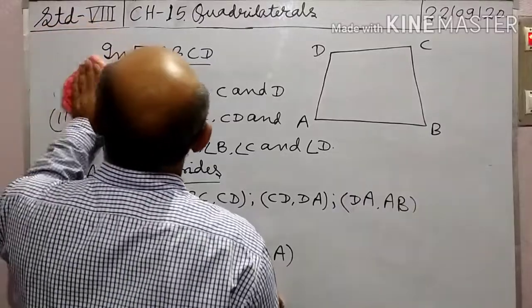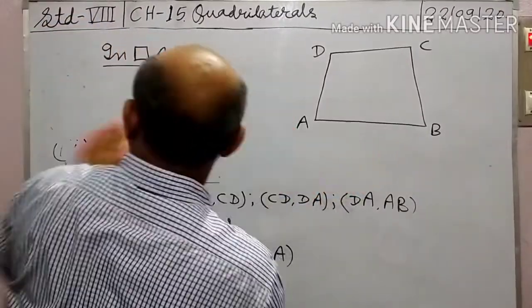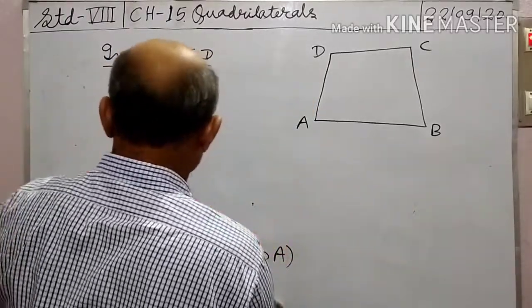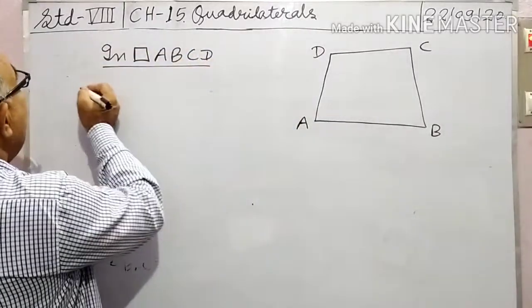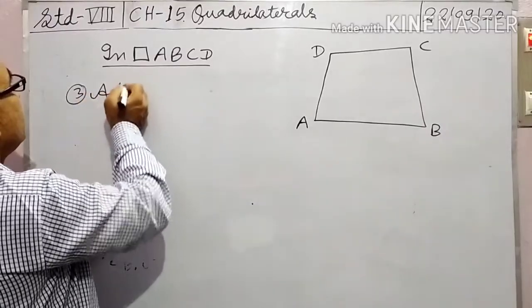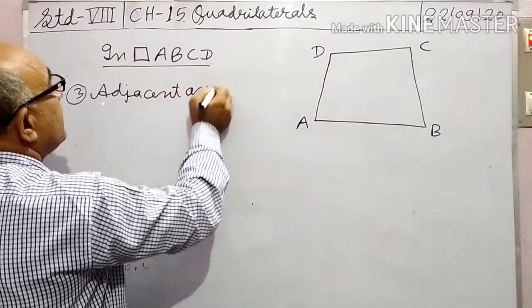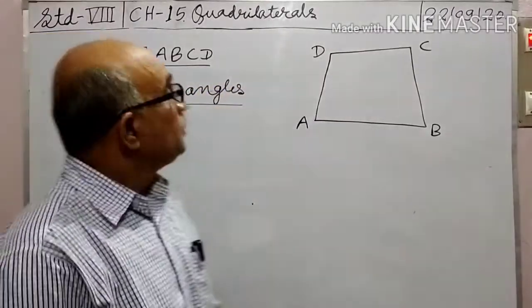Now, the third term in quadrilateral ABCD is adjacent angles.